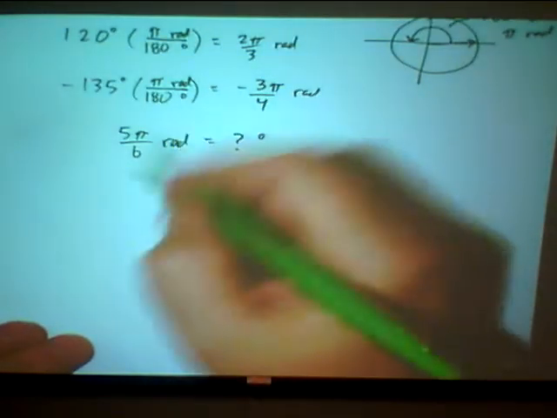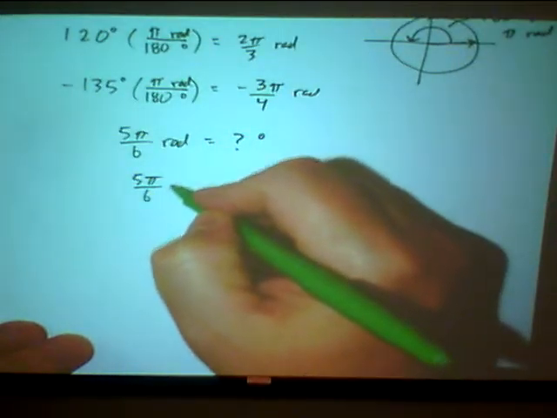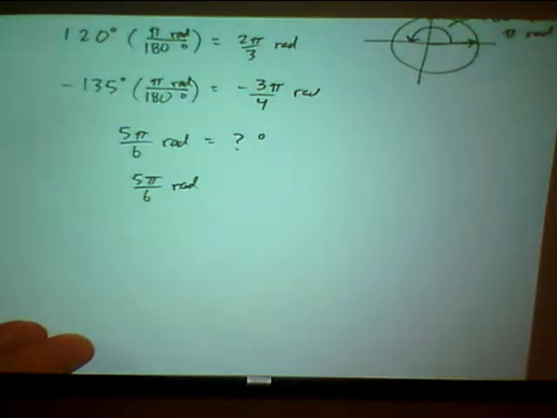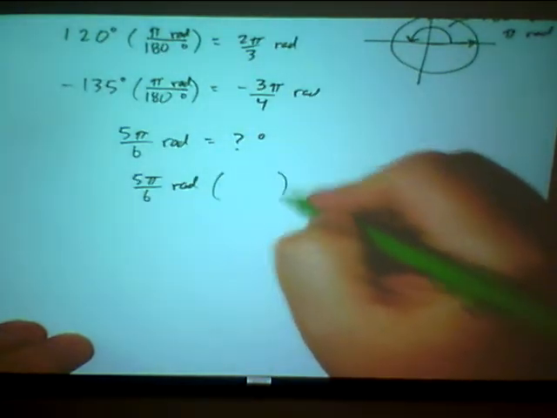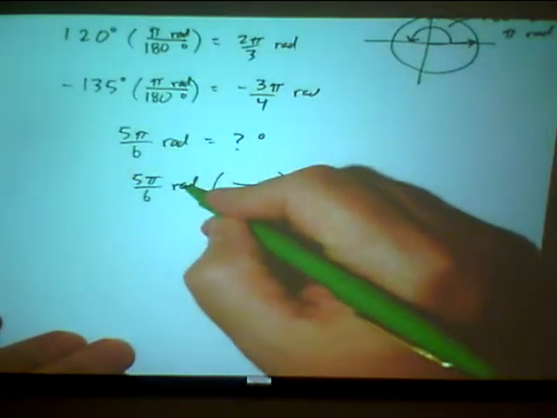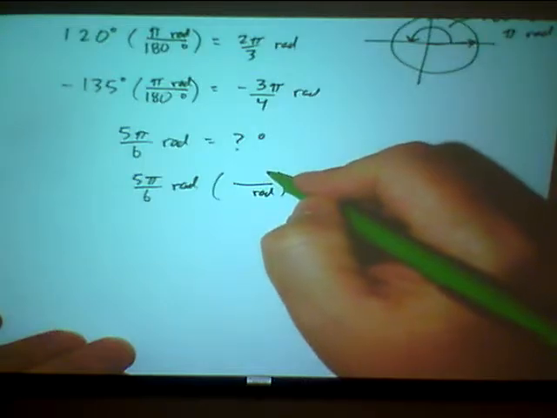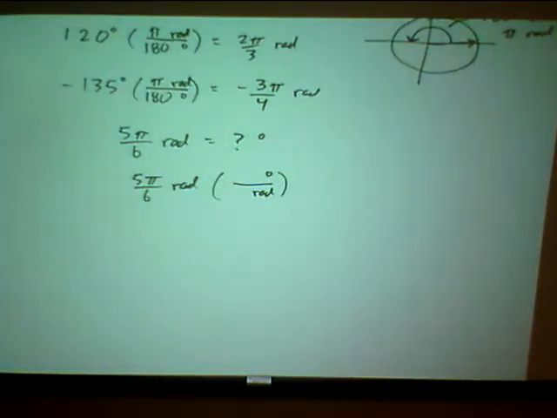Well, this is a problem of unit conversion. So if I have 5 pi over 6 radians, to convert it, I'm going to look at this fraction. I start with radians, the radians go on the bottom. I'm trying to get to degrees, so degrees go on the top.